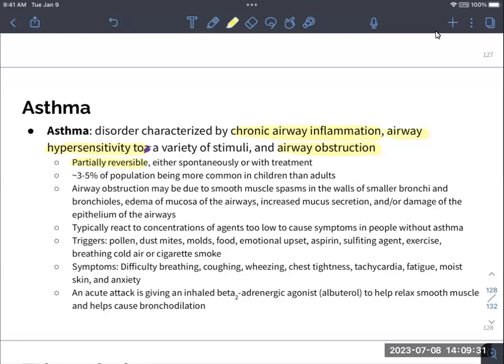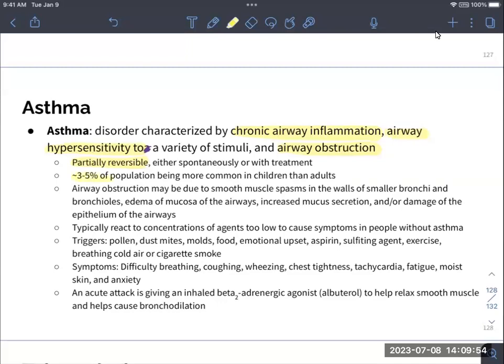Sometimes it can be partially reversible. Kids who are diagnosed with asthma can grow out of it. So it can be partially reversible because it kind of goes away as they get older. May require treatment, it may not.